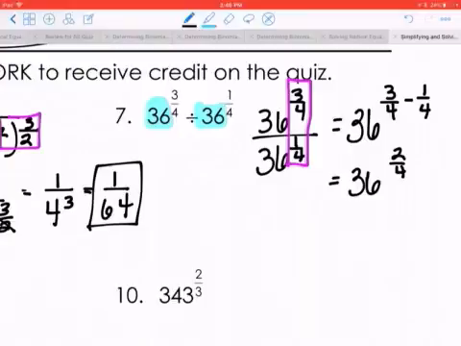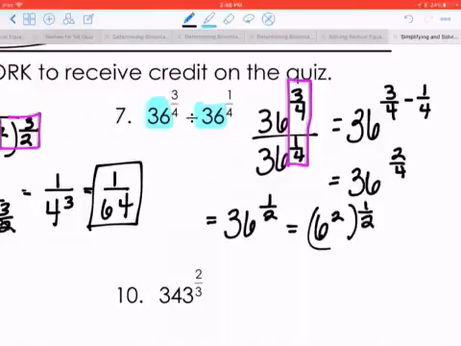Well, then 2/4 can reduce down to 1/2. And now we can rewrite 36 down to a smaller base of 6 squared to the 1/2. And those cancel, and so we're just left with 6. 6 to the first is 6.